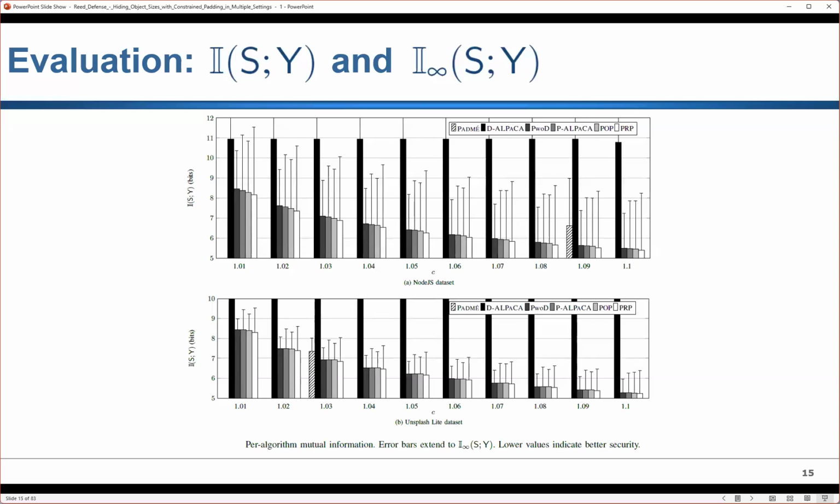I will say though, at least from these results here, what really stands out are the PWAD results, right? Yes, the y-axis starts at 5 bits, but we see across the board that the PWAD results for I infinity, which are these whiskers, are half a bit, whole bit separation, which is quite a lot for bits.